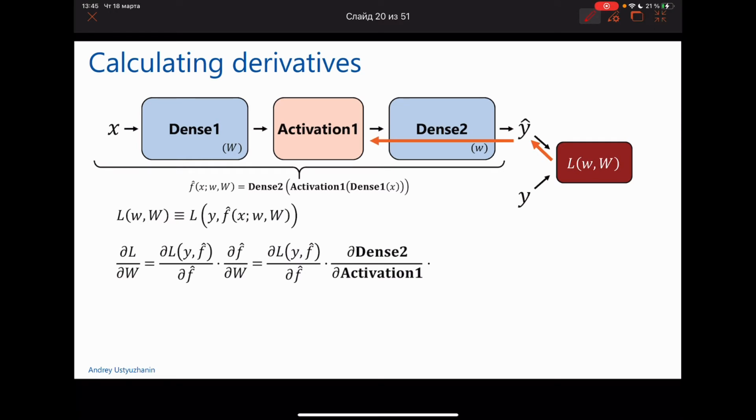And since you know that f is also a compound function, you have to repeat this procedure once again.